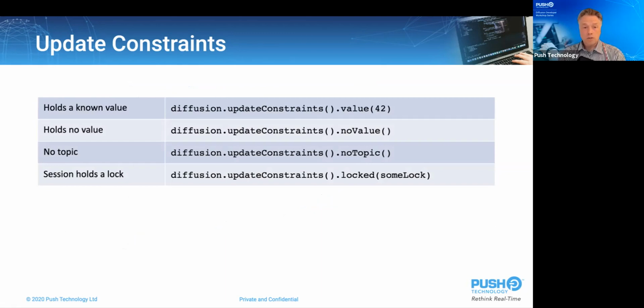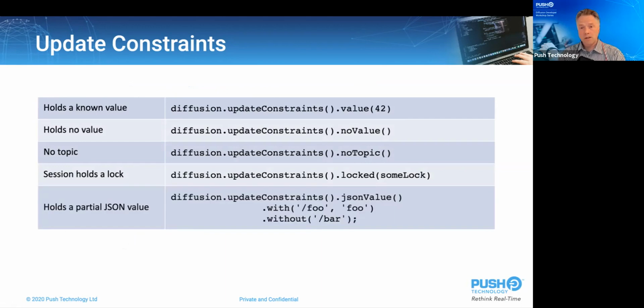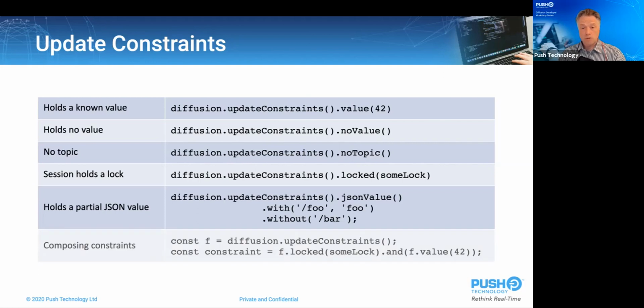And somewhat like the JSON patch test operation, this update constraint will check parts of the JSON value held on the topic being updated. This constraint will constrain an update to only a topic holding the field foo with the value foo, and that has no bar property. Finally, we can compose constraints as well. For example, assert that a topic is locked and holds a known value.